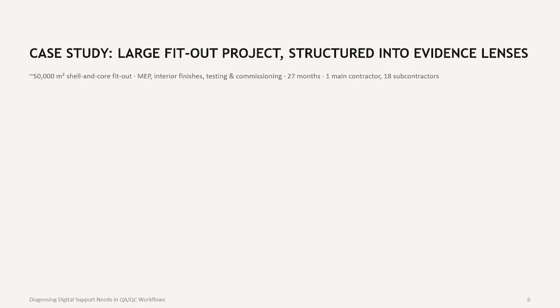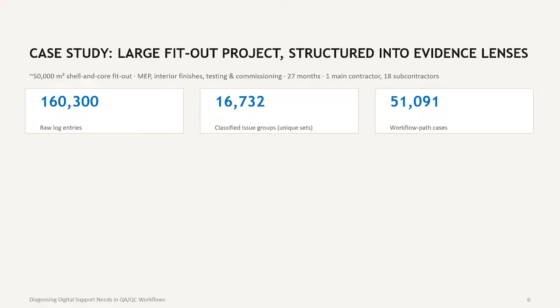This methodology evolved based on a real construction project, which was quite massive fit-out work of about two and a half years. The contractor and 18 subcontractors used a digital platform for quality assurance and quality control, and it resulted in 160,000 recorded events.